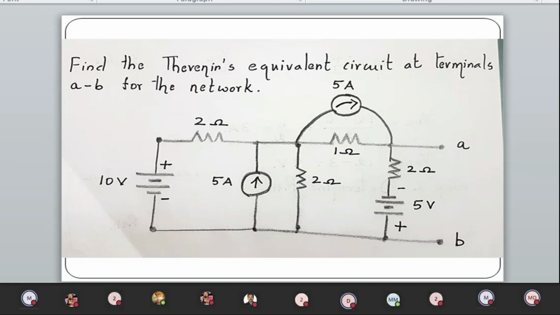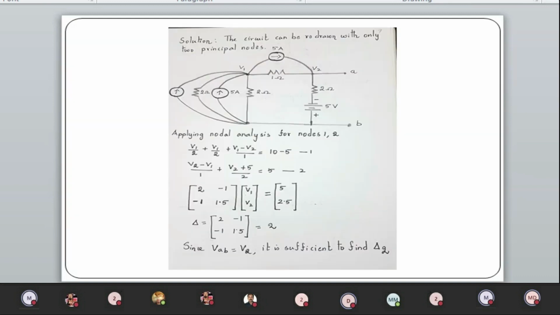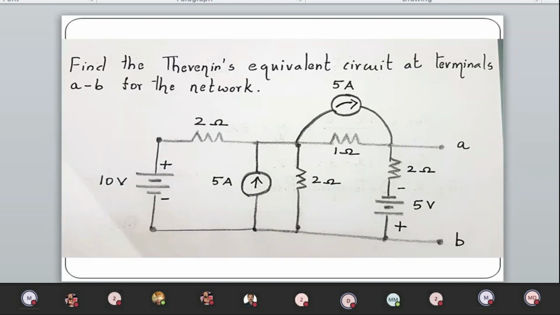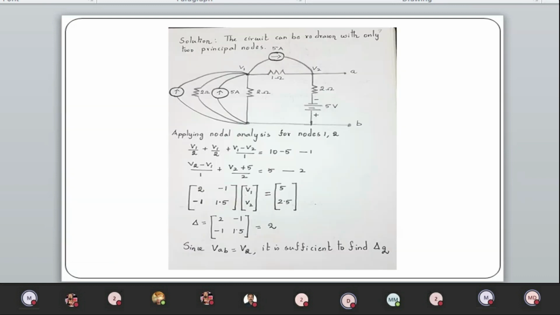Now the first step is let us convert the voltage source into a current source. What is the voltage source? 10. What is the resistor? 2. So 10 by 2 gives you 5. Right?